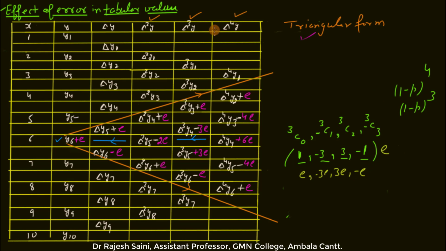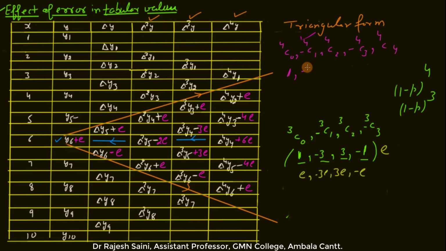Similarly, if we write the coefficients for the even difference column, let us write the coefficients C40, C41, C42, minus C43, and C44. It will be 1, minus 4, 6, minus 4, 1.